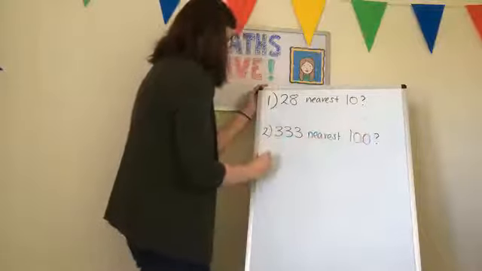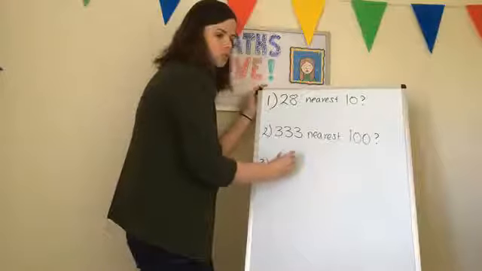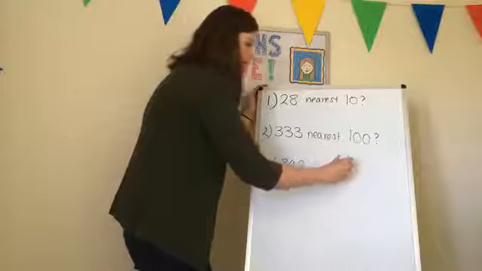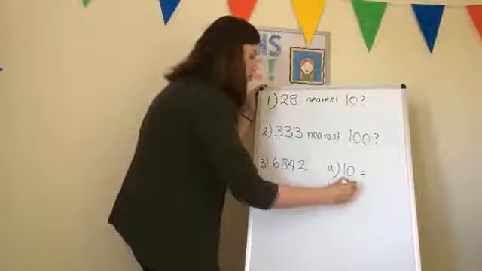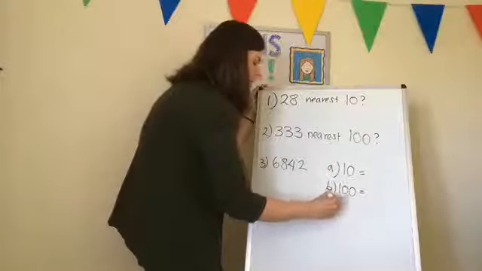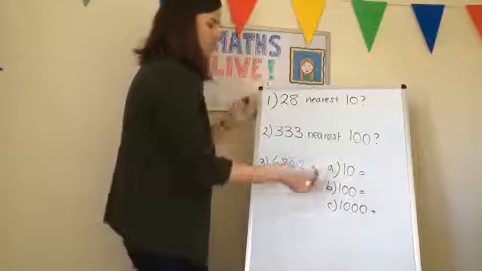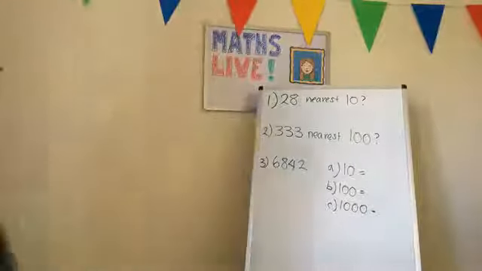And number 3: I want 6,842 to the nearest 10, and then the nearest 100, and then the nearest 1,000. So 3 different steps to the last one. Have a go.